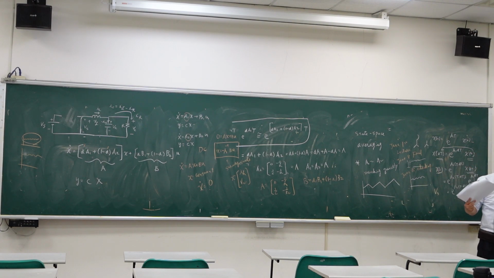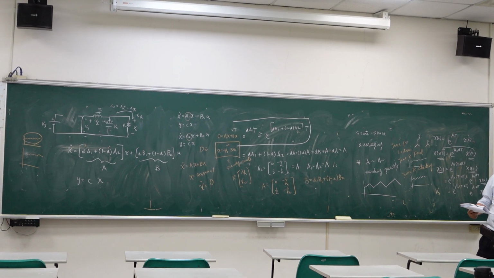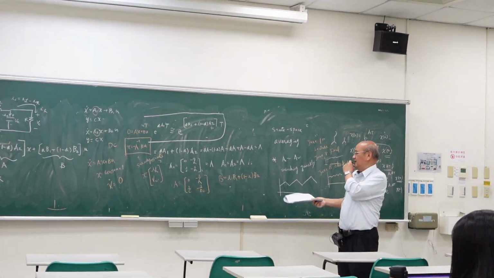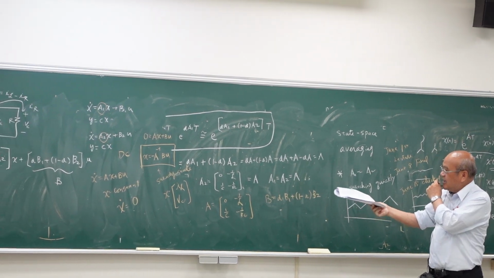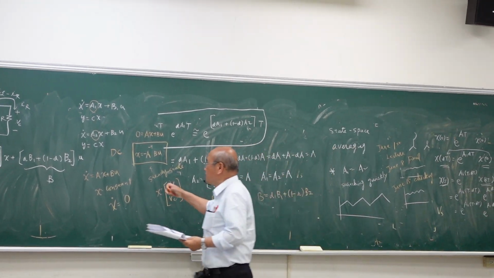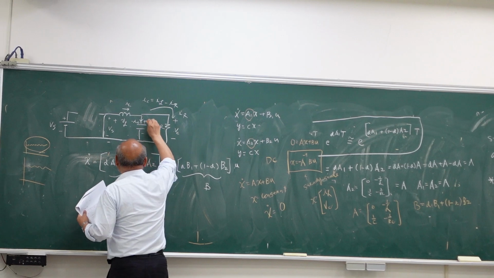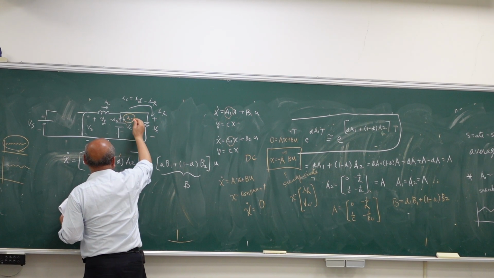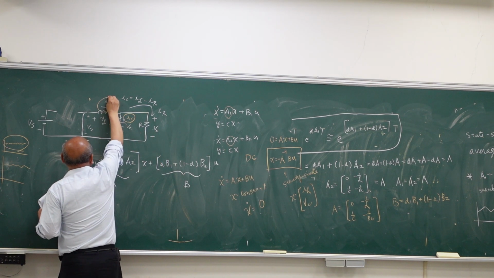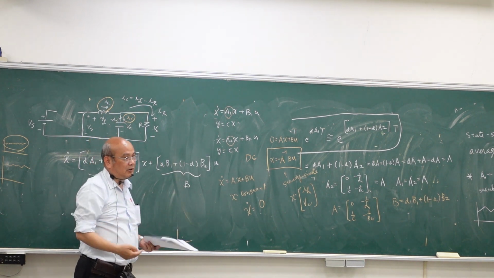So do you have any question? So I think we can stop here, and if you like, you can go back and find the steady state of the IC. What is the relationship of the steady state of IC and the steady state of IL?